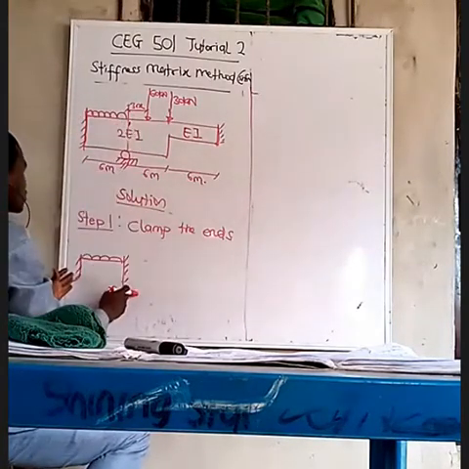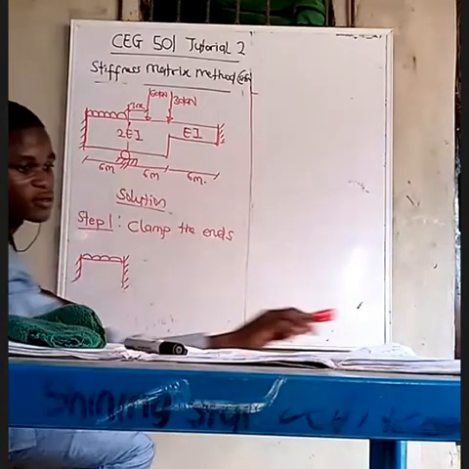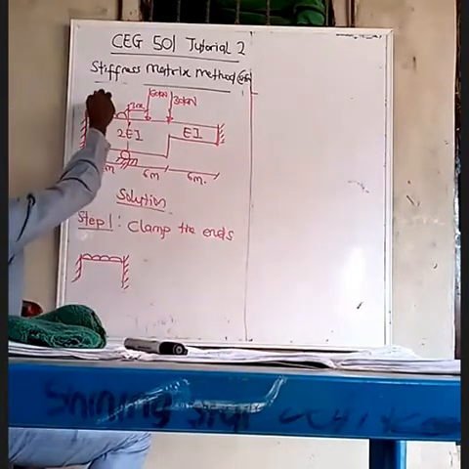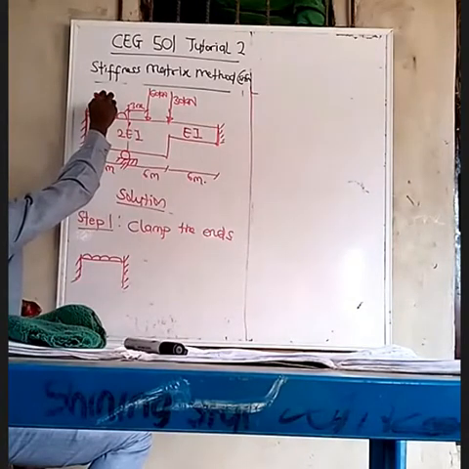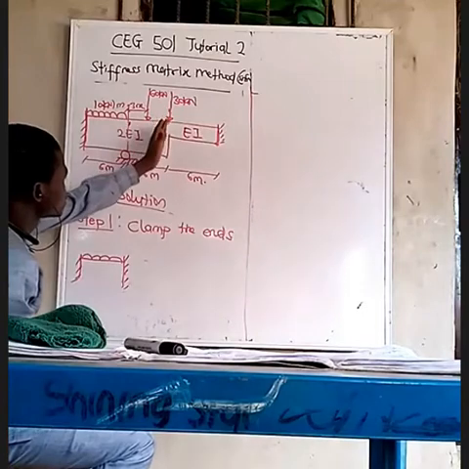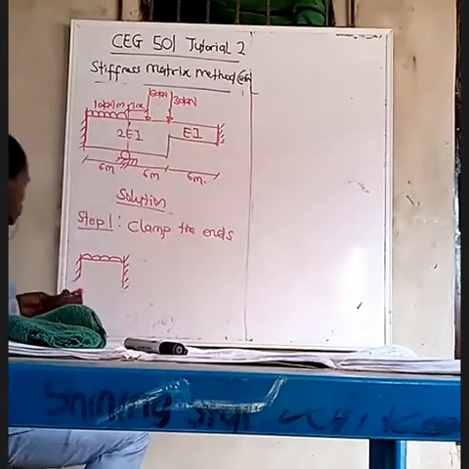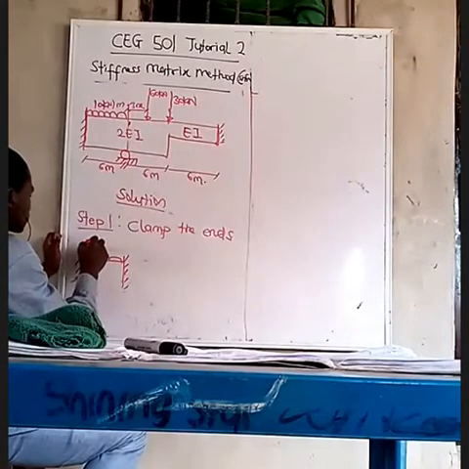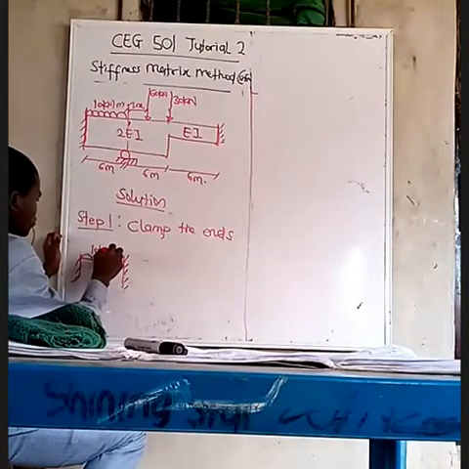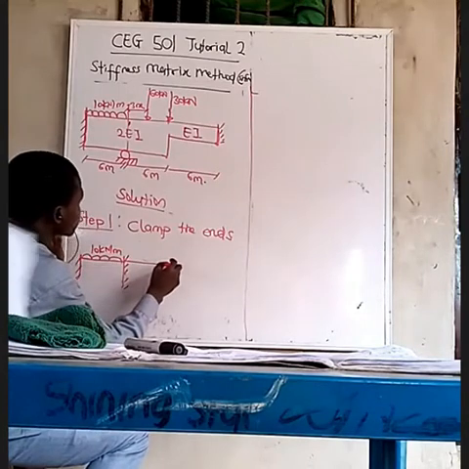So yes, you can. The ends of the UDL, you clamp it. We have this. So what's the load, say? 10 kilonewton per meter. So you clamp the ends of the UDL, and when there is a change of section, you clamp the ends of that change of section. So we have 10 kilonewton per meter.